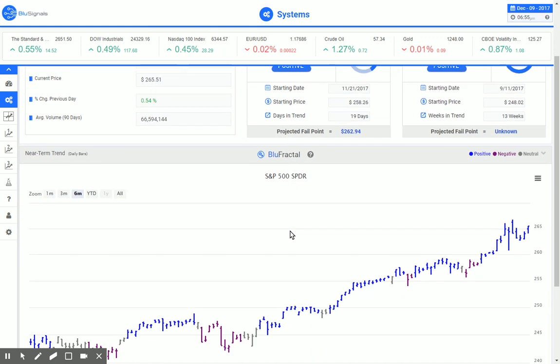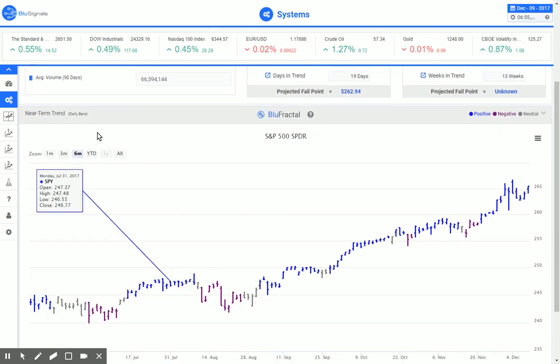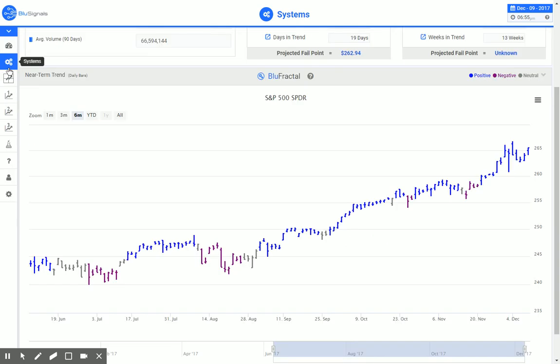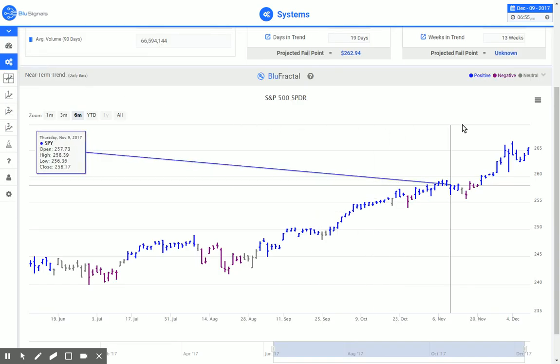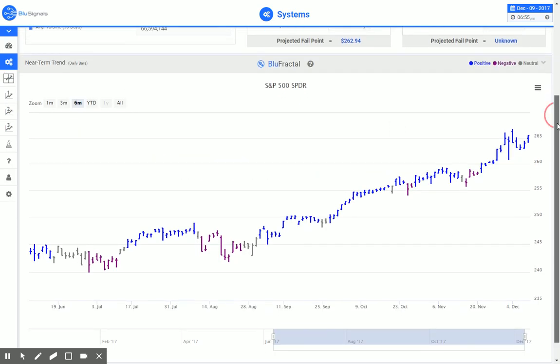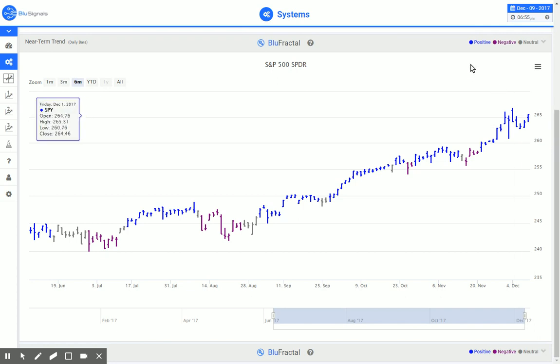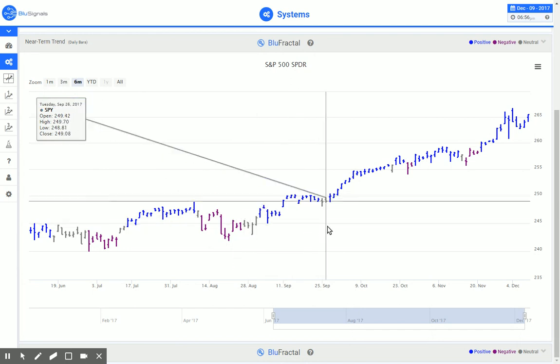Taking a look at the near-term trend, I'm going to close the ticker to give us more room here. As you see, we have blue for positive trend, purple for negative trend, gray for the neutral trend. Now, on this daily chart, it's easy to follow the trend signals.